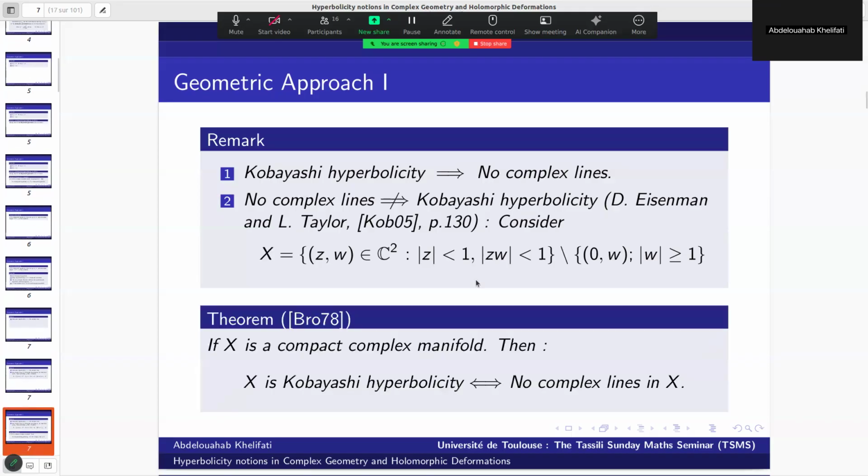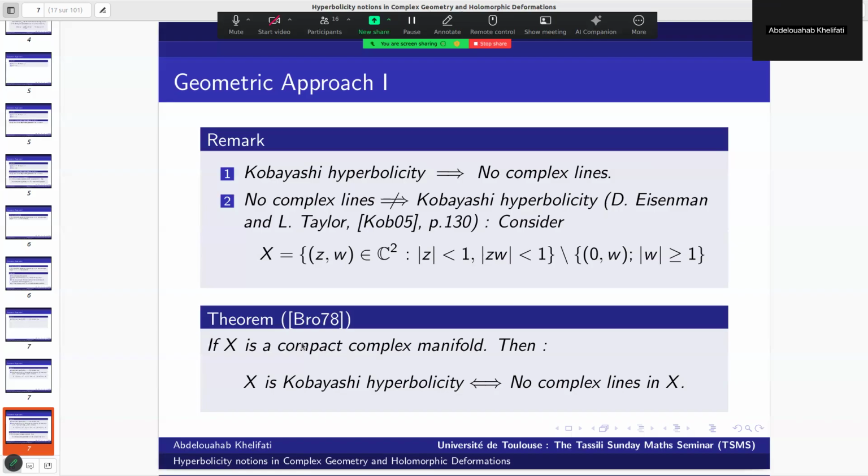But in a quite interesting article, Brody showed that the converse holds true in the compact case. He shows that Kobayashi hyperbolicity is equivalent to not having complex lines. One can also find in the literature this property of not having complex lines in X called Brody hyperbolicity, but I will not use this terminology here.